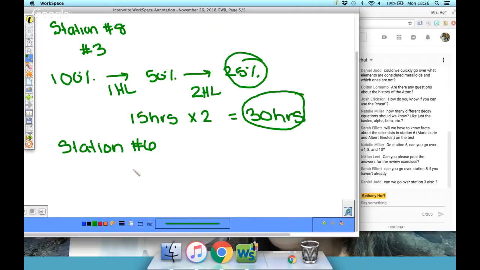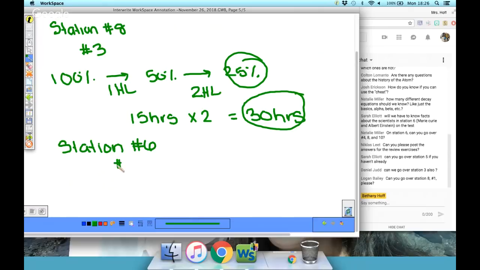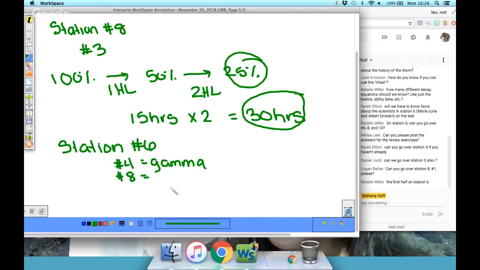So in the first half, when you're matching the rays to the ideas, number 4 is going to be gamma. Number 8, which has the greatest mass, that's alpha.